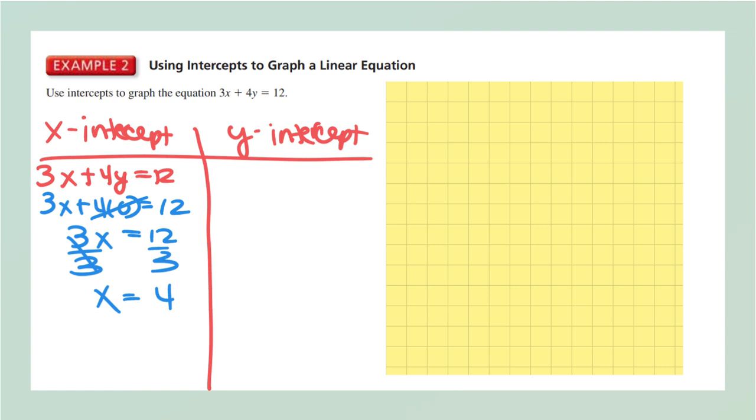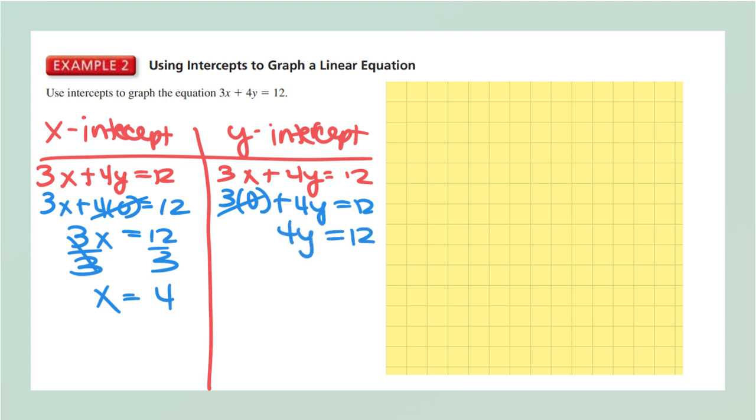Now let's look at y. For y, are we using the same equation? Yes. So now we're going to substitute x with 0. 3 times 0 plus 4y equals 12. We know that this cancels out, and we're left with 4y equals 12. What do I do now?